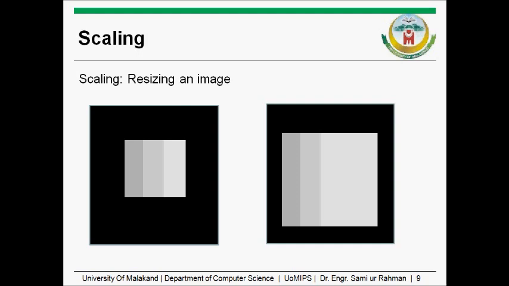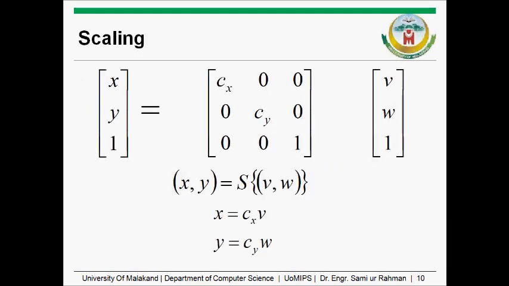This is the simple definition of scaling. Scaling means multiplication. When the multiplication factor is more than 1, it is enlarging the size, and when it is less than 1, it is decreasing the size.